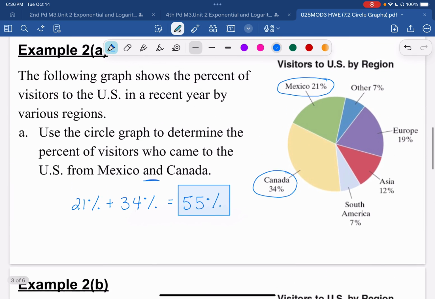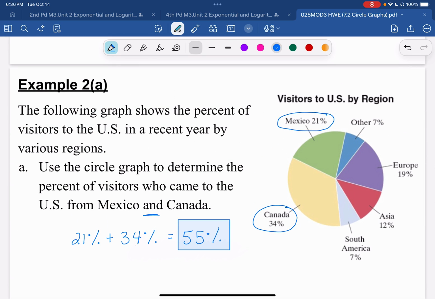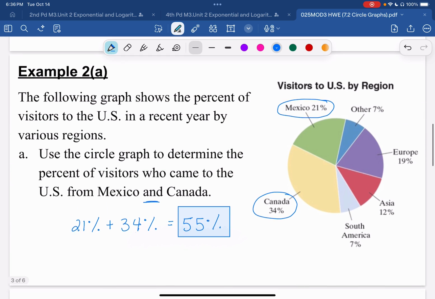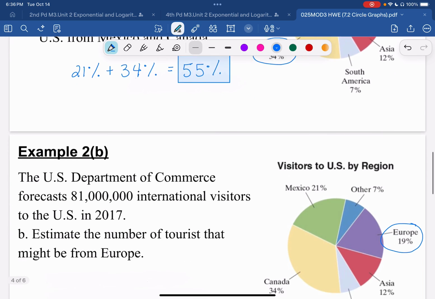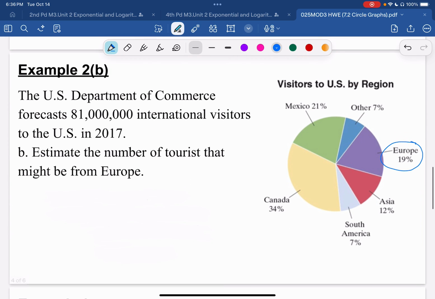So in our last one, we were still just finding the percent. I didn't know anything about how many. But here, I do. I know that it's 81 million people. So I can take this percent and find an actual number, okay?